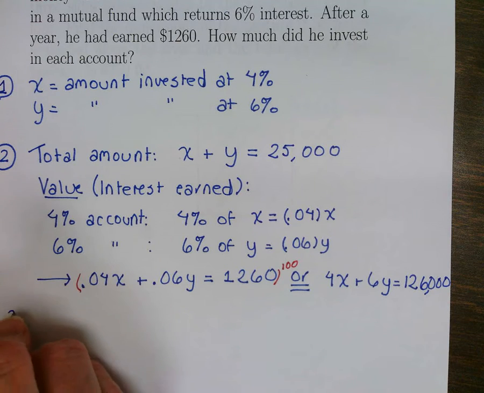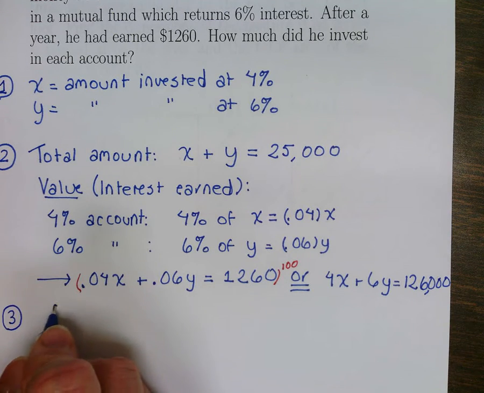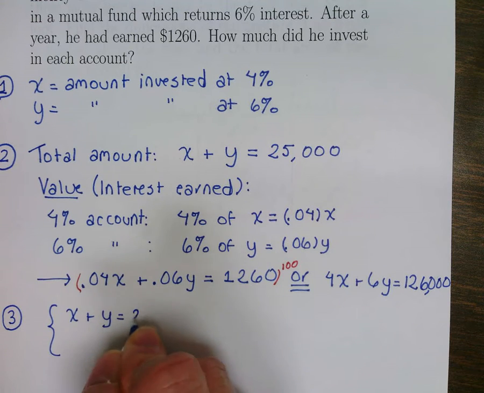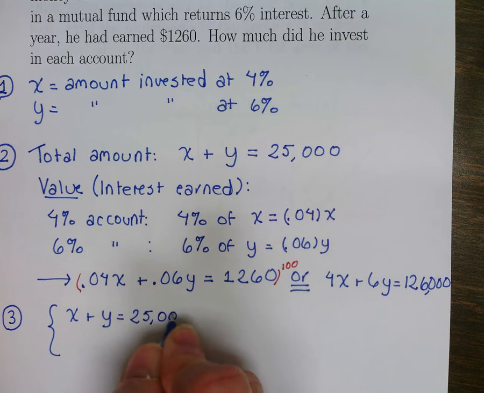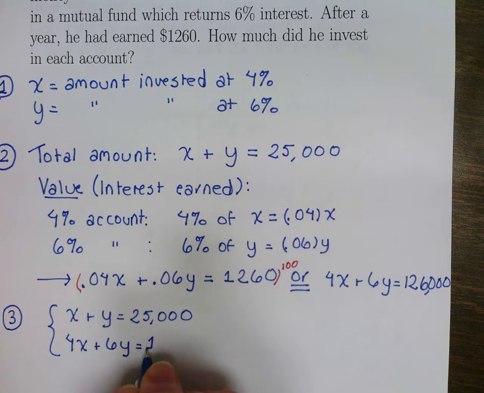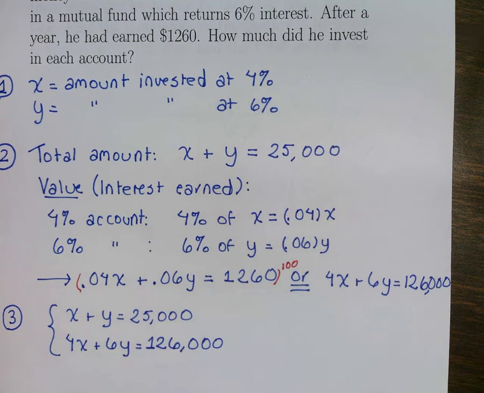Okay, so now I have a system of equations. X plus y equals 25,000. 4x plus 6y equals 126,000. Okay, does that make sense?